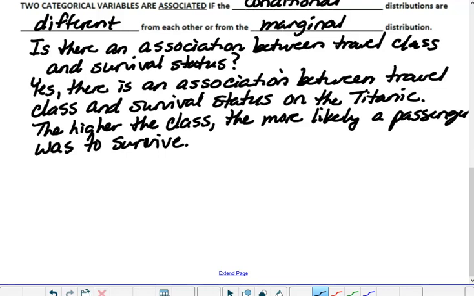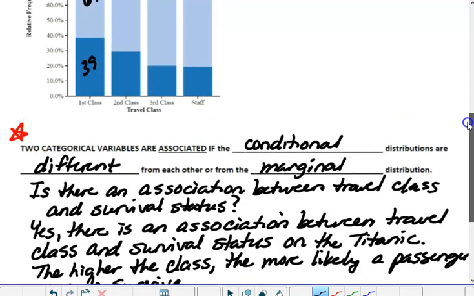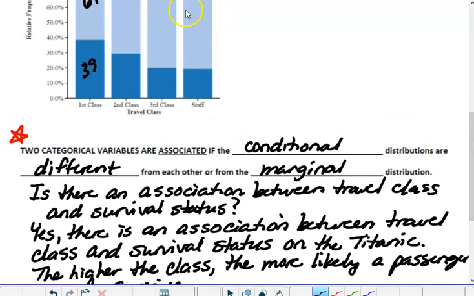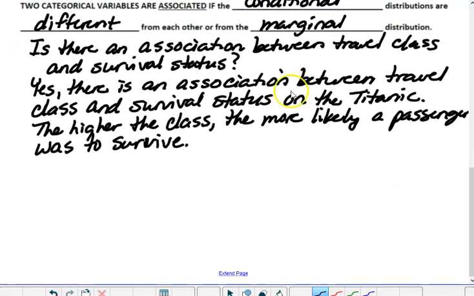So I'm going to look at my graph and say, look at this. Almost 40% of my first class passengers survived compared to about 30% for second class and only about 20% for third class and staff.